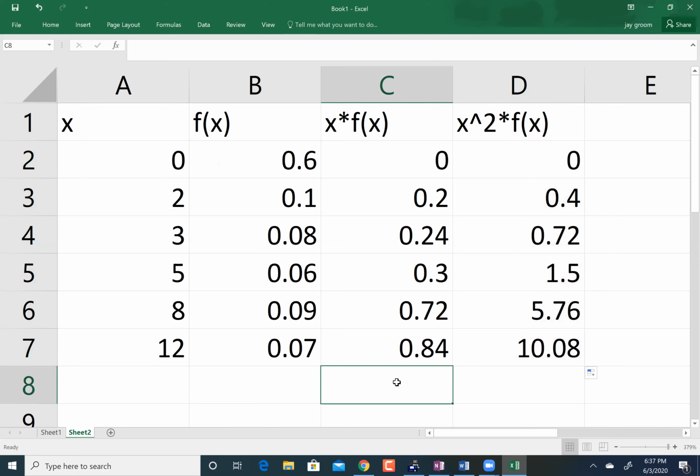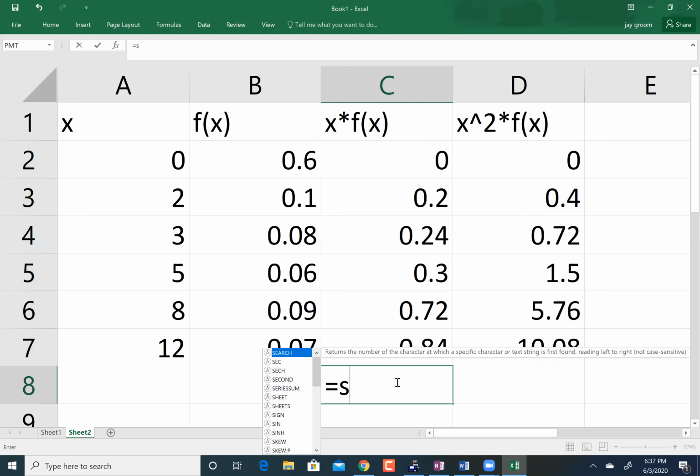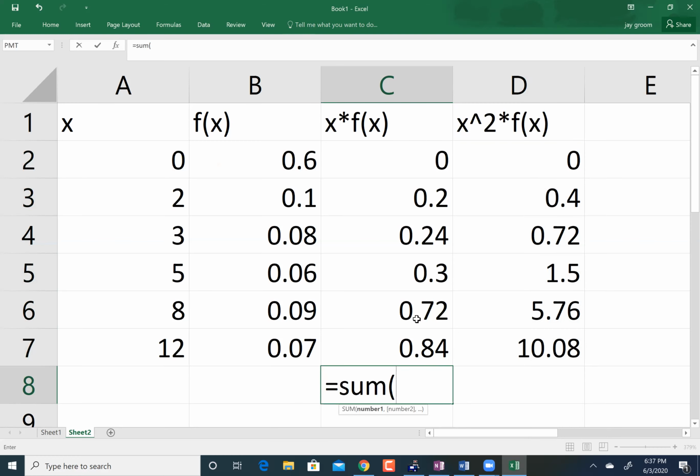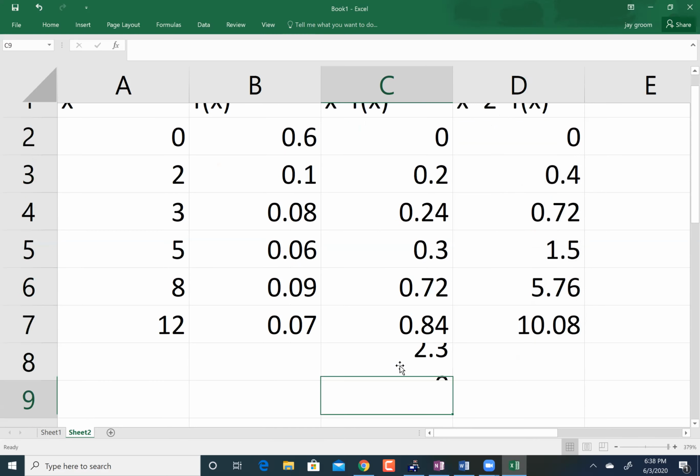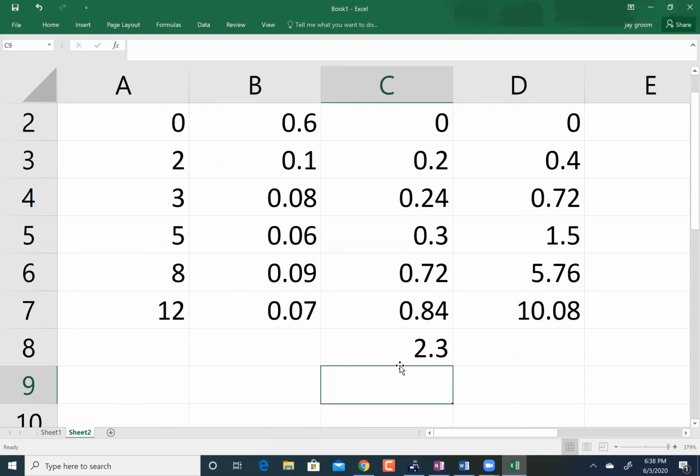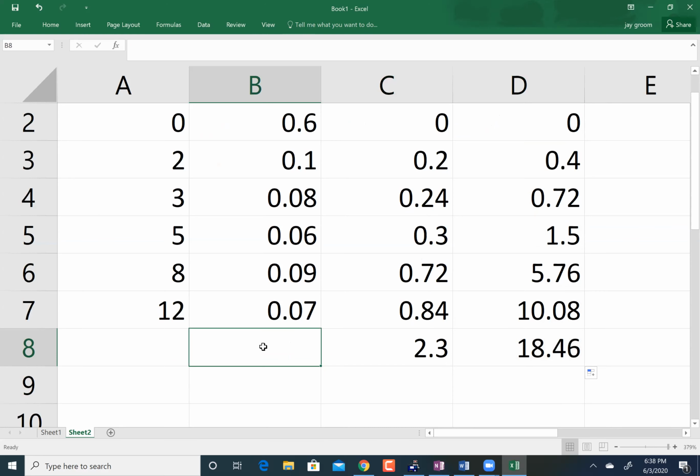So equals sum of these, that is your expected value of X. And the sum of these, just drag that over. So this is the expected value of X, and this is the expected value of X squared.